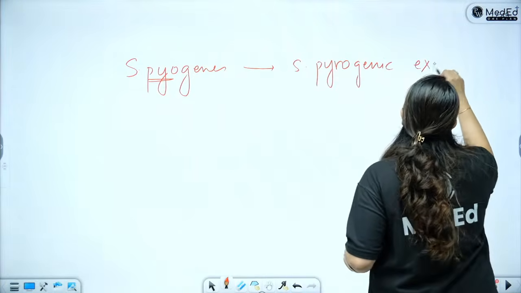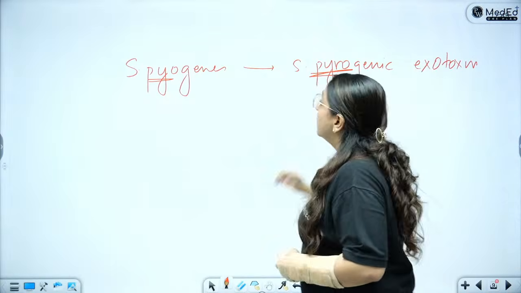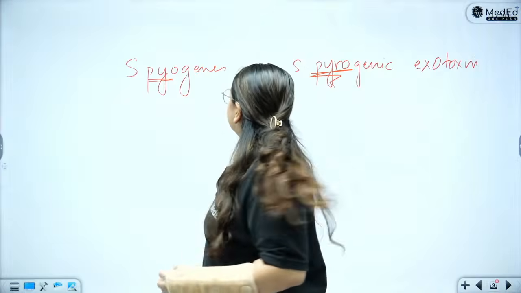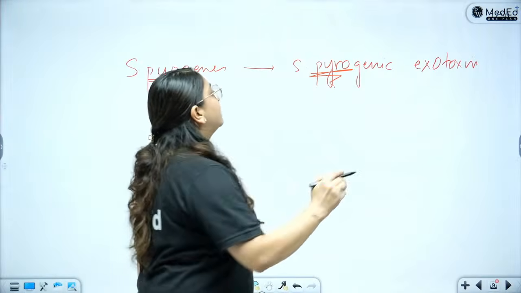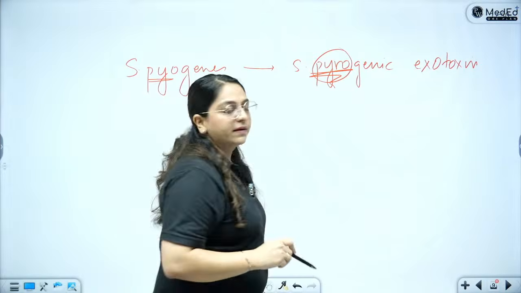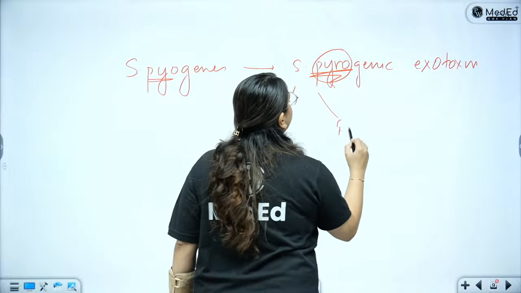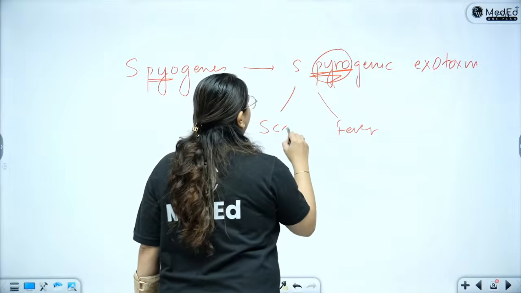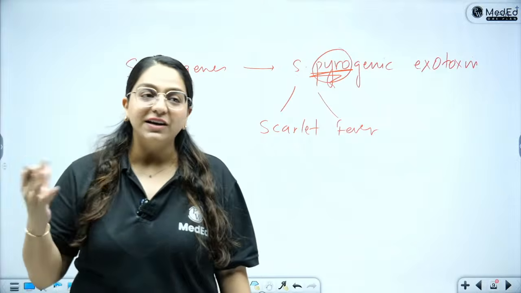Okay? Many students get confused that the toxin is pyrogenic but the bacterium is pyogenes. Why is the toxin pyrogenic? Because the toxin is leading to fever. And which fever? S pyro, S fever. So which fever? Scarlet fever, right? This is the exotoxin which produces scarlet fever.